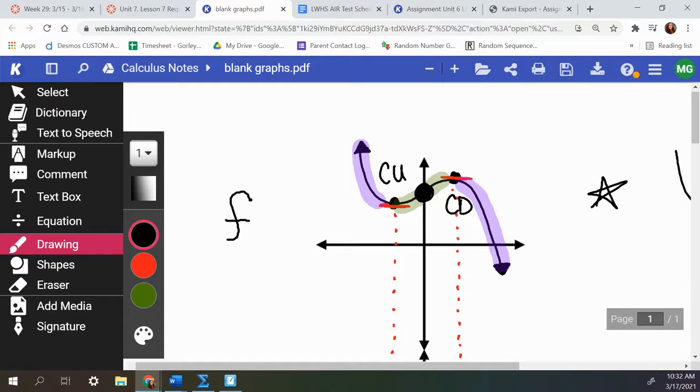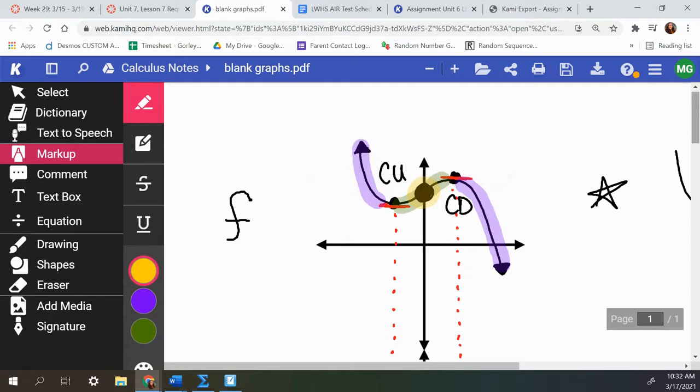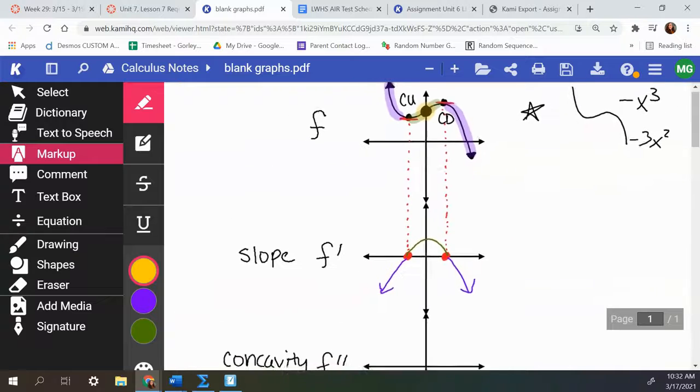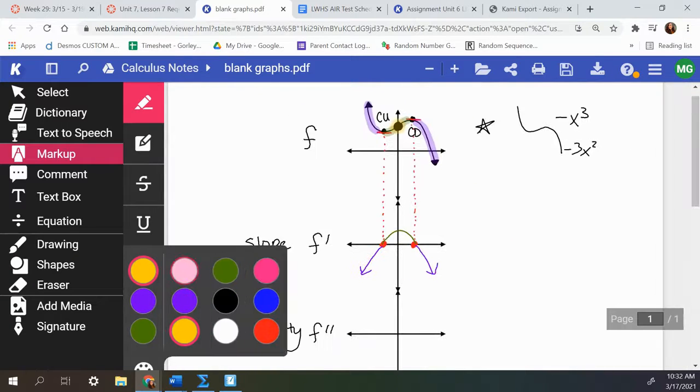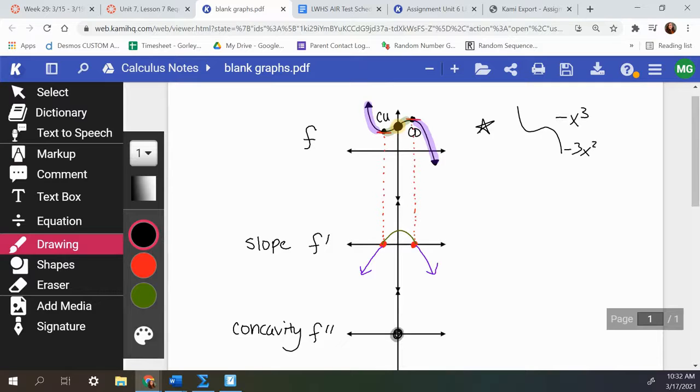So wherever the concavity changes, in this case, the concavity changes right here at this point in the middle, that's where my intercept is going to be for the second derivative function. Okay, so if I'm going to the second derivative function, I'm going to make sure that my intercept is right here. Right, it lines up with the point of inflection from the original function. Where my original function was concave up, should I graph the second derivative above or below the axis?